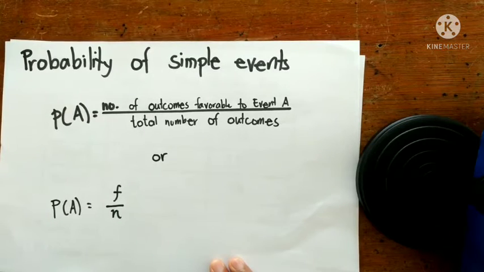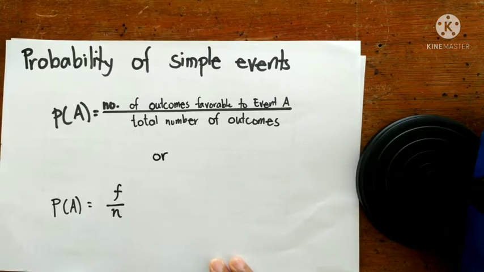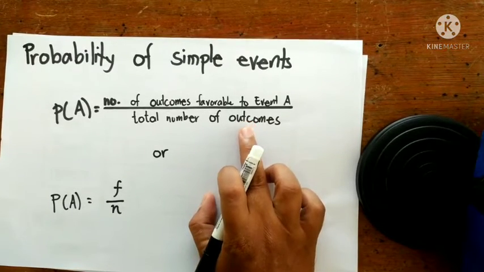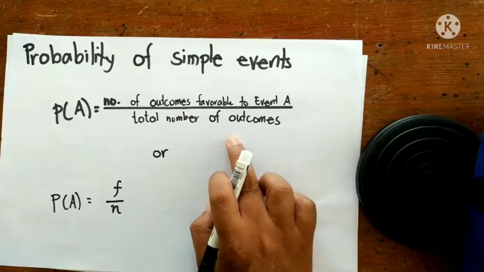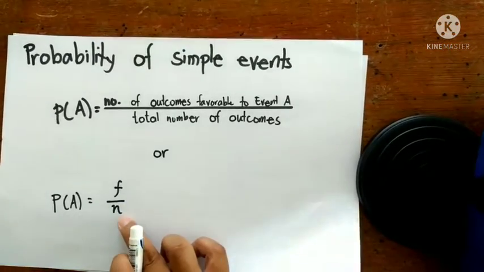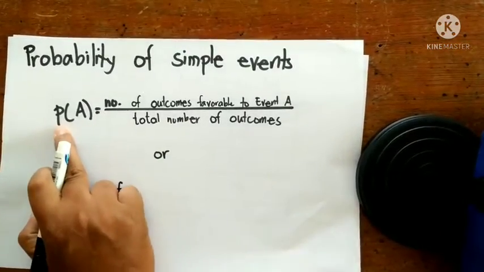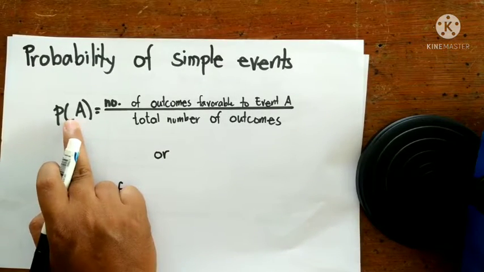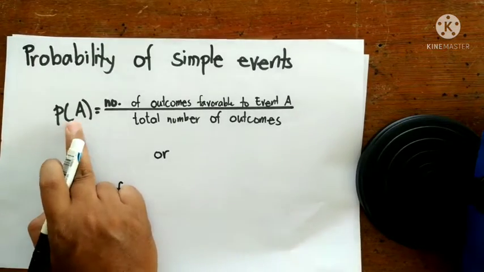Events with probabilities near 1 are likely to occur. We have this formula for the probability of simple events: the number of outcomes favorable to event A over the total number of outcomes, or simply F over N. This is P of A, the probability of event A. Usually when we capitalize, it is named after an event.